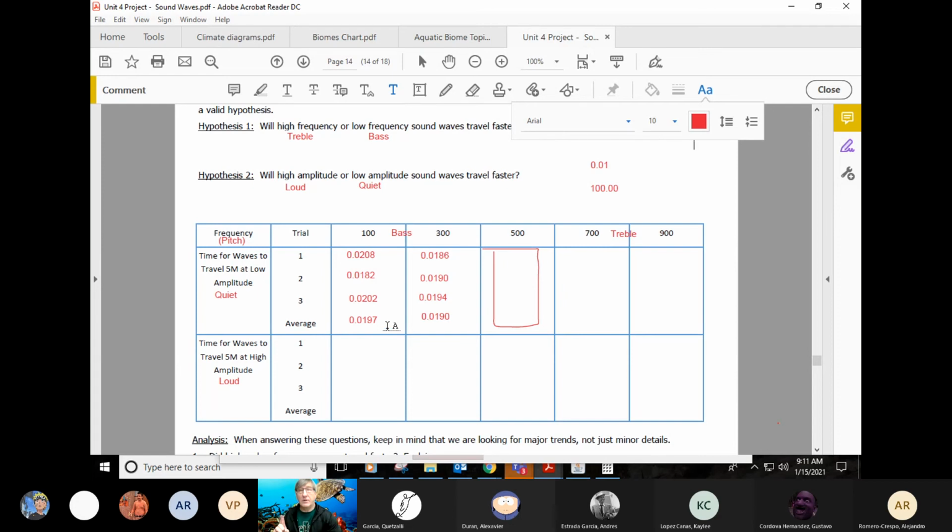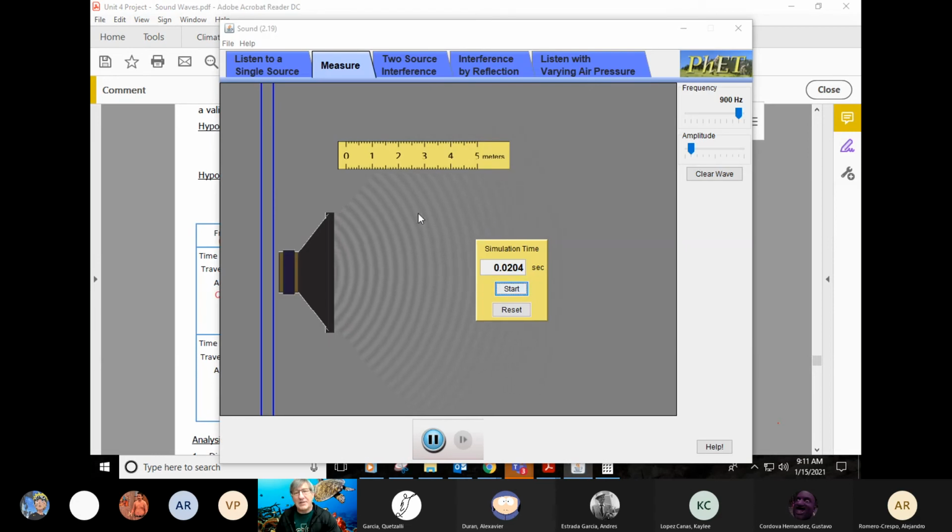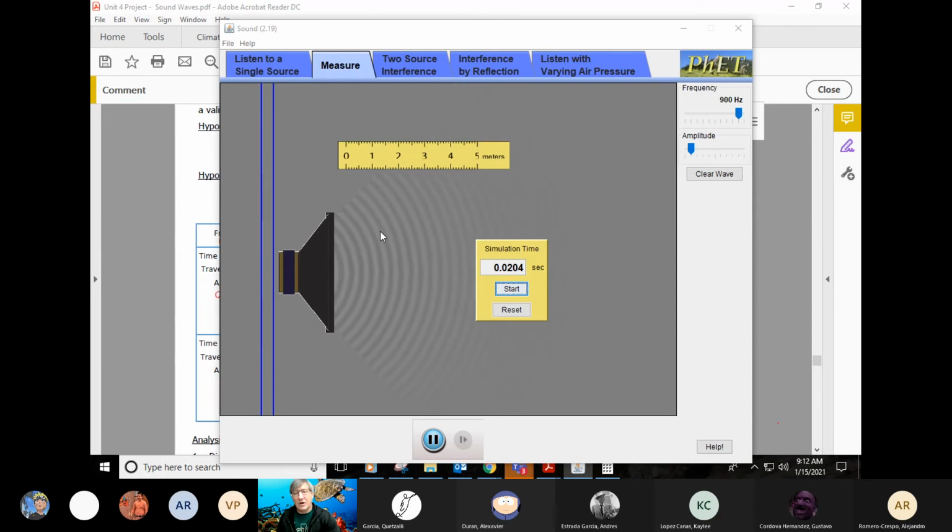Nope, is that right? When we're watching these go by, if it's a lower number, it's getting there faster, isn't it? So that should actually be a higher speed of sound with a lower number, right? It takes less time to get from point A to point B. It would be going faster, right? So the lower the number, the faster it is.